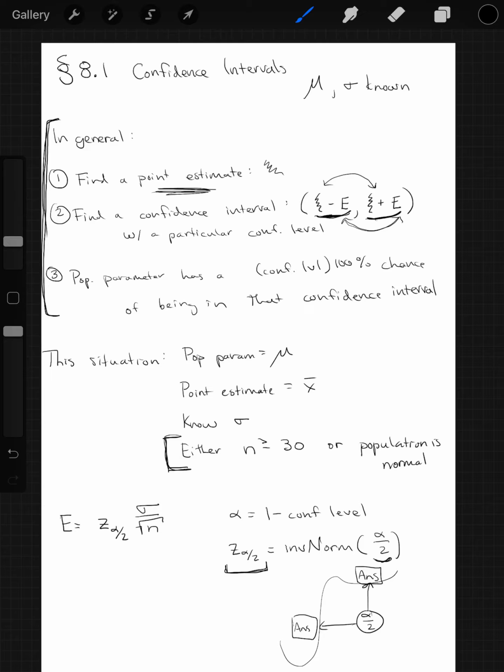And the other thing that we're always going to need is a confidence level, right? And what that means for us is that there's going to be a confidence level percentage chance that the population parameter we're estimating will be inside the confidence interval.